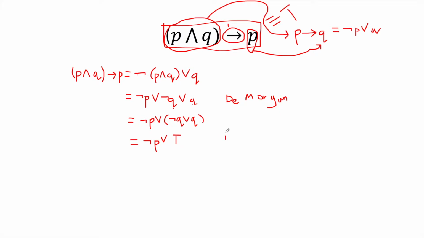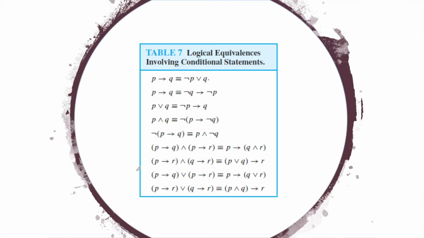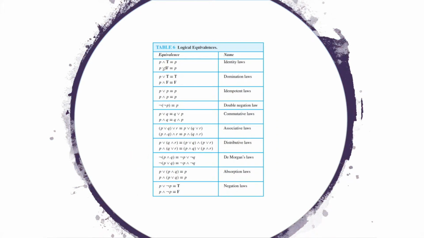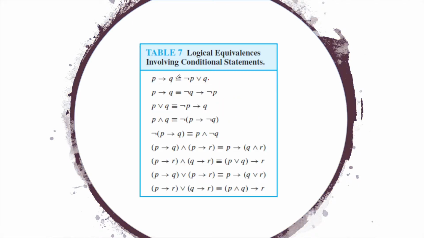Then by using domination law, P or true is equal to true.